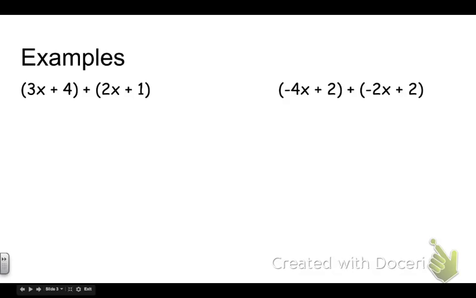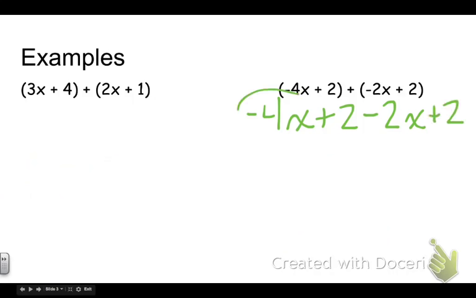Just to show you one other way that some people might do that second example, because they know that all the parentheses can be pretty much ignored because of the associative and the commutative property, some people might just rewrite it. Now, we've got double signs. When we add a negative, it's the same as subtracting.